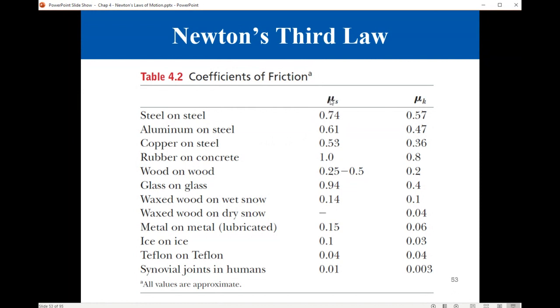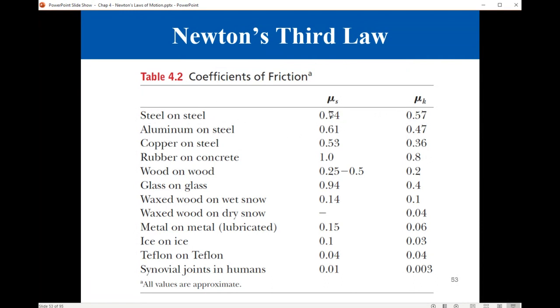You will always see that static friction is greater than kinetic friction. The coefficient for static friction is always greater than the coefficient for kinetic friction. In one of the lab experiments, you will study friction and you will be able to measure kinetic friction and static friction, and you will observe this yourself for all kinds of surfaces.